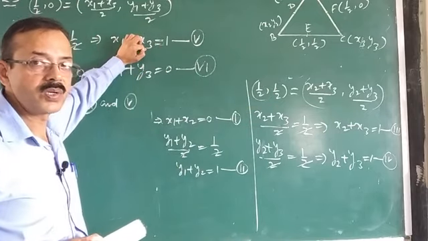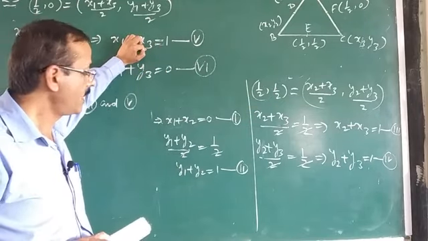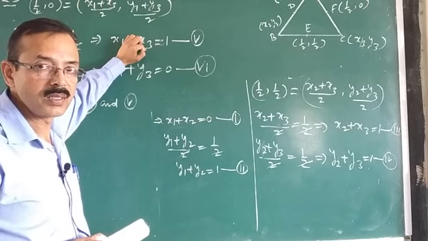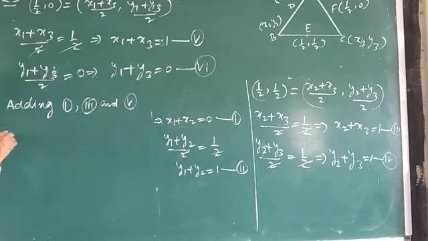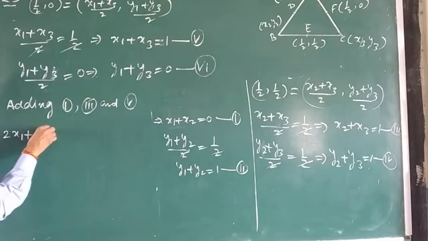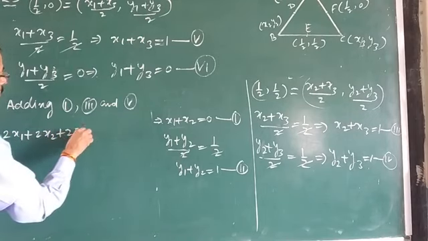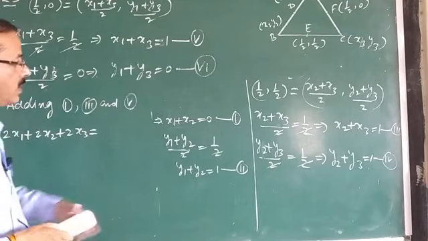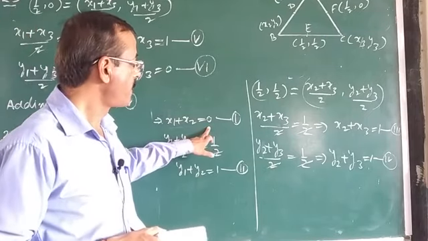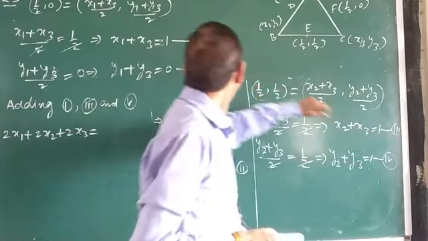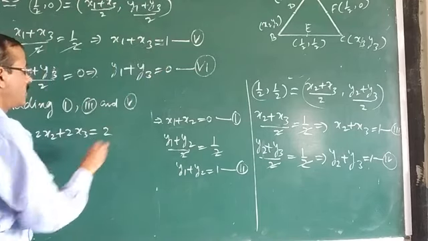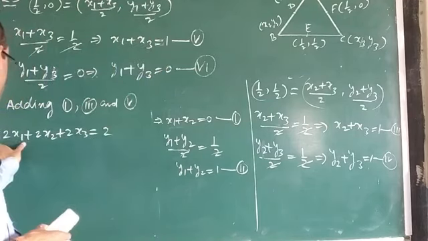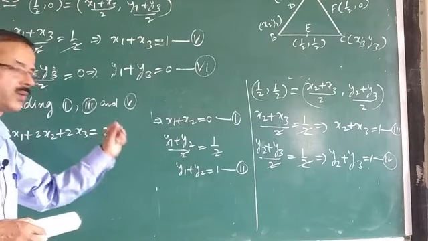So it will be 2x1 plus 2x2 plus 2x3, right? So if you add, that will come 2x1 plus 2x2 plus 2x3 equal to 0 plus 1 plus 1, that is equal to 2.